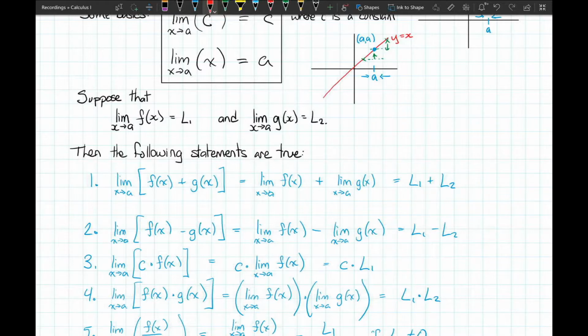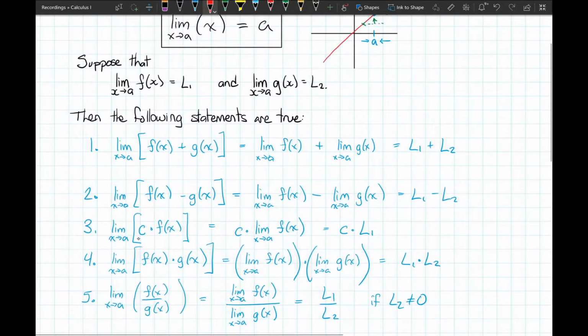Now, using c as a constant here again, c is any constant multiple of a function f. If you take a function and you multiply it by c, it's essentially just going to be vertically stretching or shrinking it, which is going to change the y values accordingly. Now, looking at a limit as x approaches a, we can just go and take the function not scaled by c, take the limit as x approaches a, find out what that value is, which apparently we know is L1, and then we'll just scale that by c.